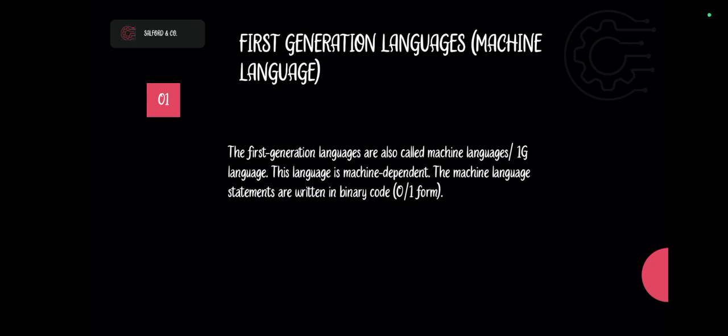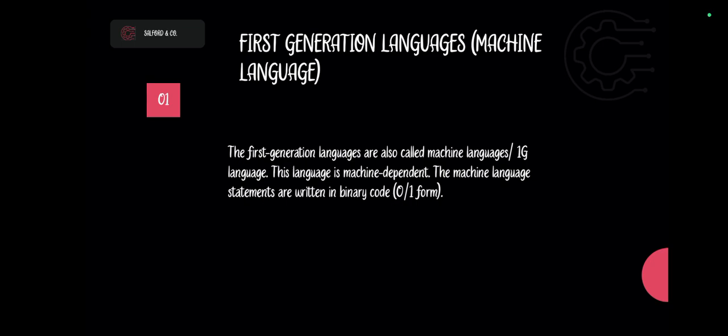The first generation languages are also called machine languages. This language is machine dependent. The machine language statements are written in binary code, 0 and 1. Why are machine language statements written in binary code? It is because the computer can only understand binary language.